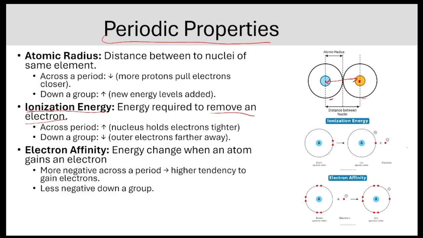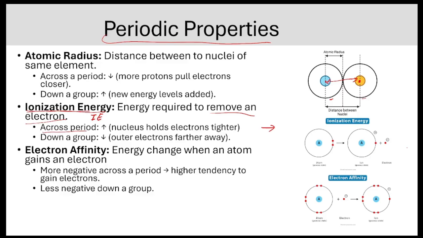So ionization energy is the energy required to remove an electron. If we look at the trend of this property across a period from left to right, the ionization energy increases.